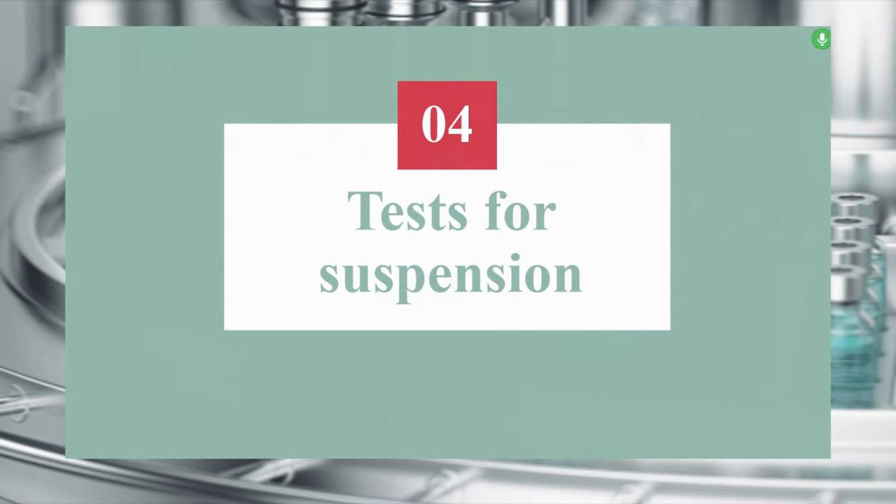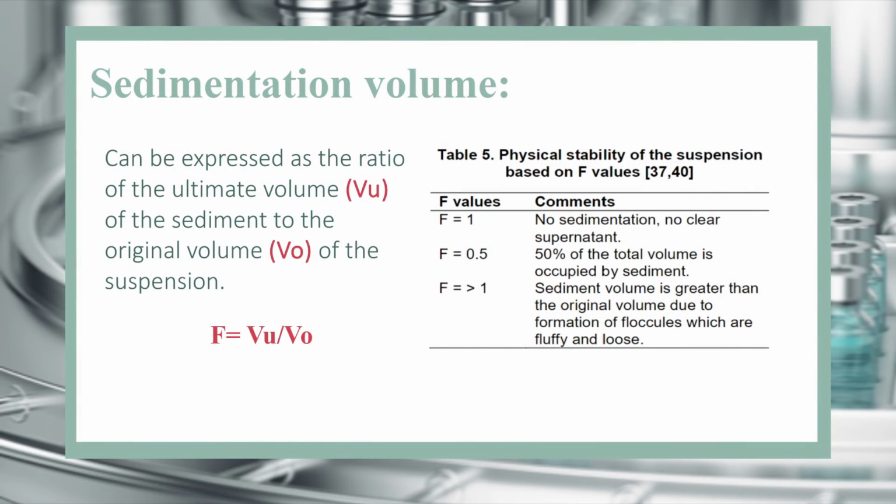As for suspensions, sedimentation volume can be expressed as the ratio of the ultimate volume of the sediment to the original volume of the suspension, which may be calculated by the following equation: F, which is sedimentation volume, equals Vu divided by V0. The values of sedimentation volume, F, can give an indication of the physical stability.